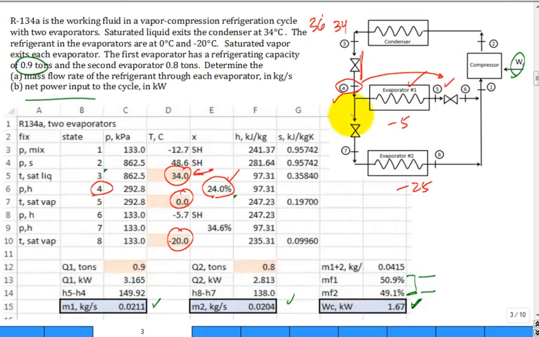Okay. Because you drop through the next one, you even find out it's closer to 35% quality. Meaning 35% of what started out up here is now flashed. And it's already vapor. And it's not going to provide the cooling in the second evaporator. The 65% remaining liquid will.